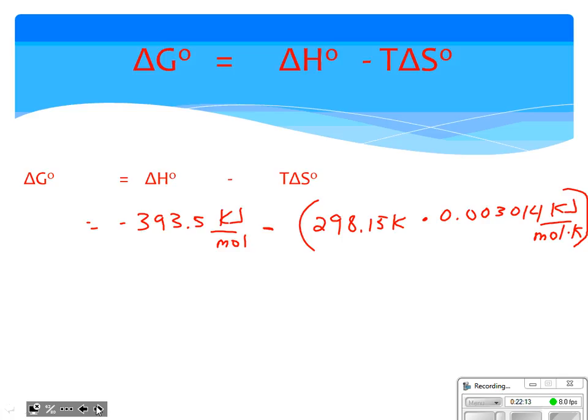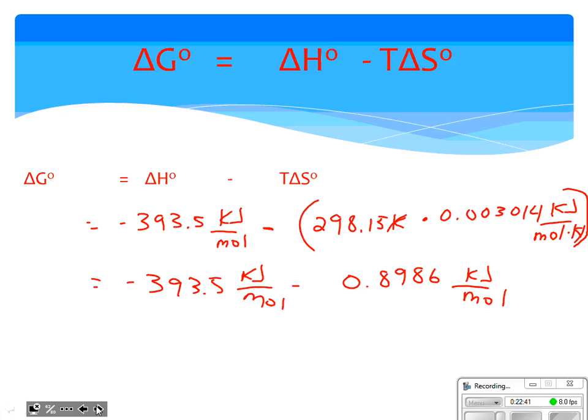So that value is going to give me a 0.8986. And if I cancel my labels, it's going to give me kilojoules per mole. I have this value, negative 393.5 kilojoules per mole.